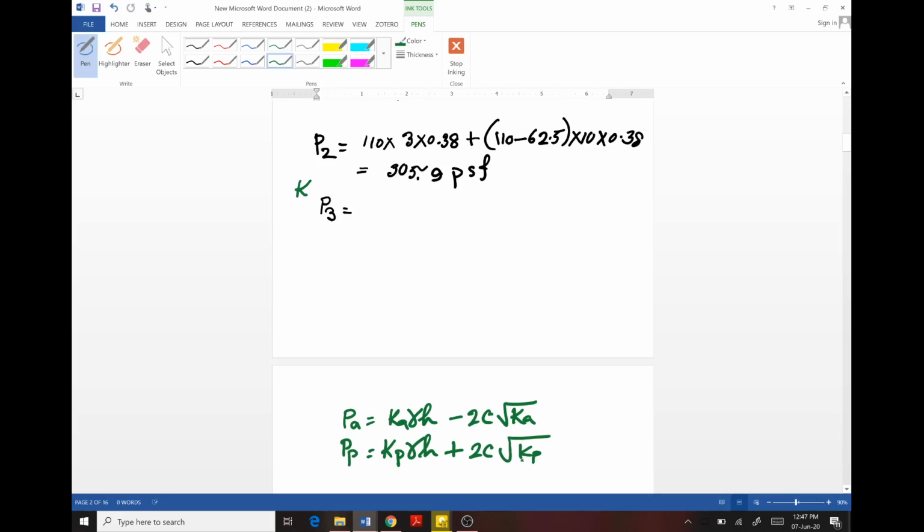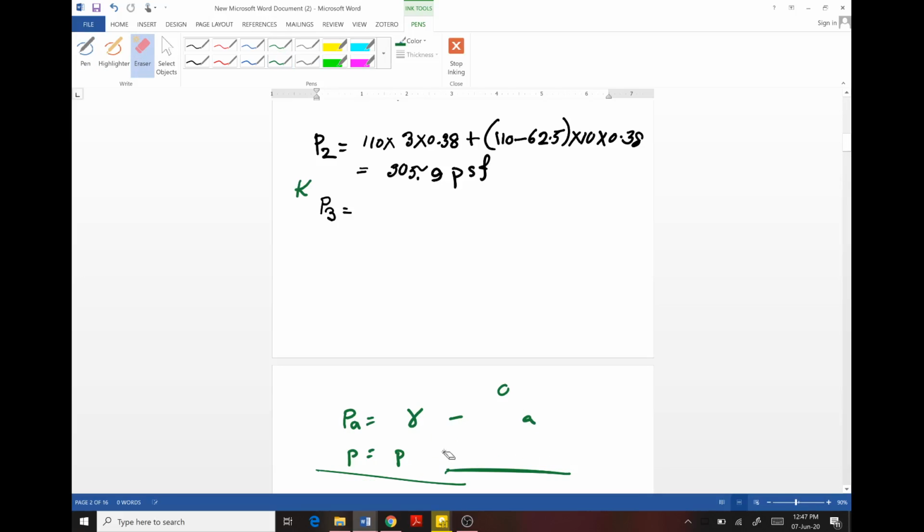For the previous problem, since c was 0 in both layers, only the vertical overburden pressure factor was considered for the earth pressure diagram. But in this case, the second layer has cohesion, so this term will also be added when determining the value of earth pressure.